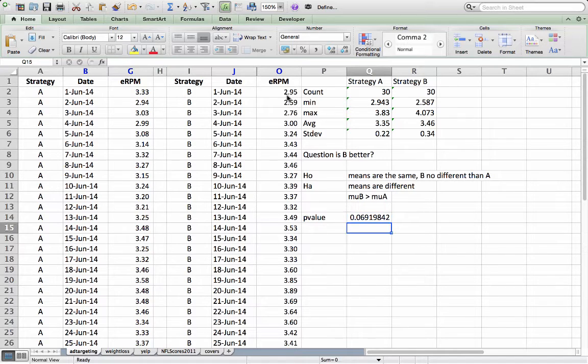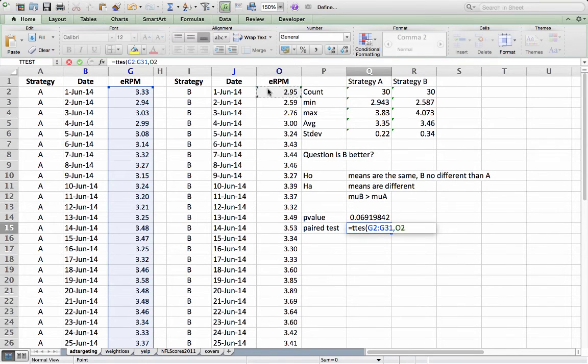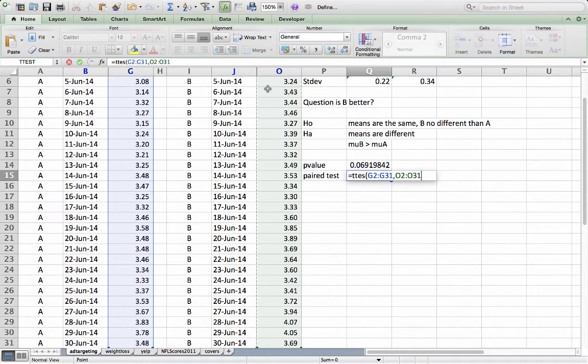So what we could do here is we could do that paired test, right? And so now we do the same steps, t-test of strategy G, data, the first vector, data of our second vector. But now under, still going to do a one-tailed test. Oh, I got to put the test in here, t-test.